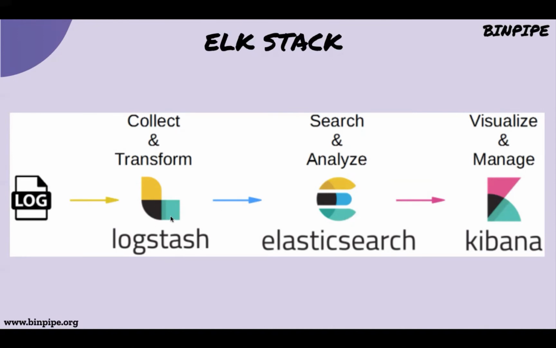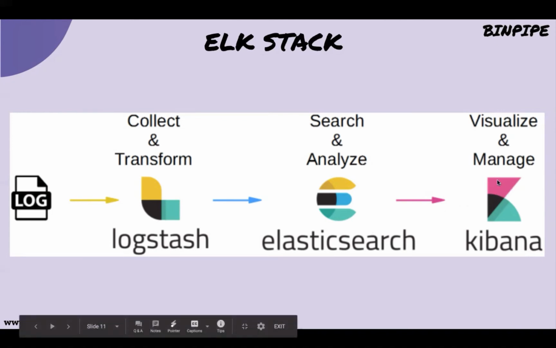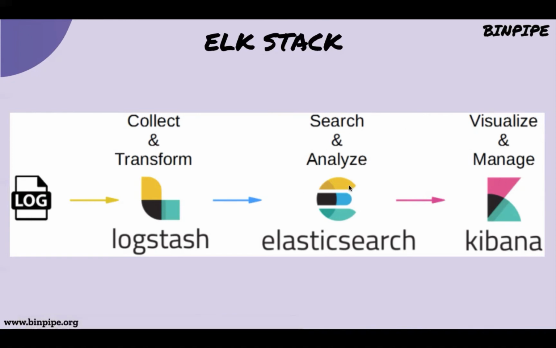So Logstash collects the logs from different servers and pushes it to the Elasticsearch database. And Kibana is a dashboard which allows you to watch the contents of the database. So Kibana is the dashboard, Elasticsearch is the backend database, Logstash is the agent.